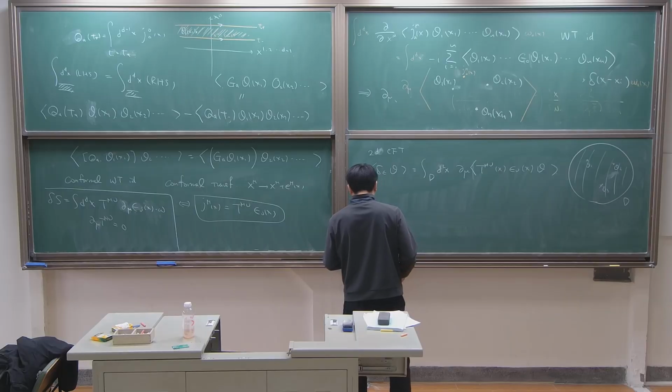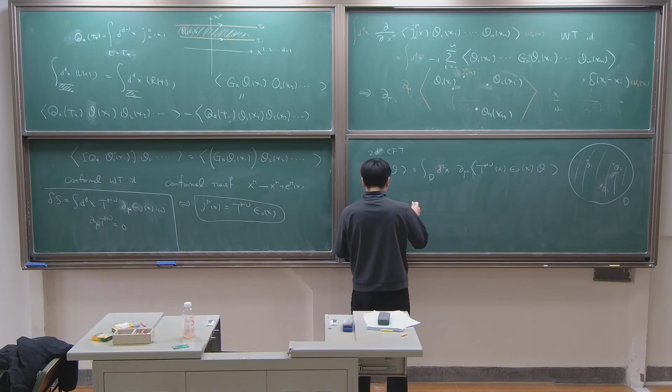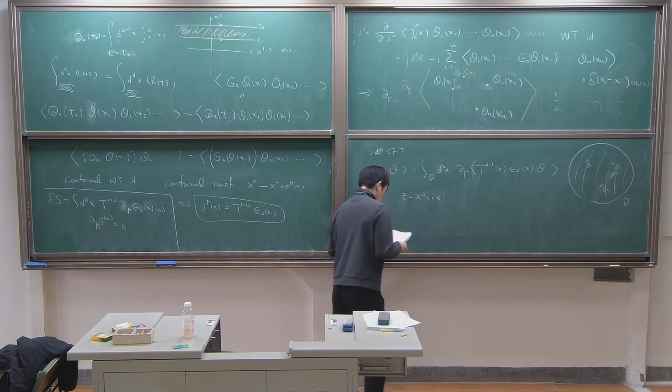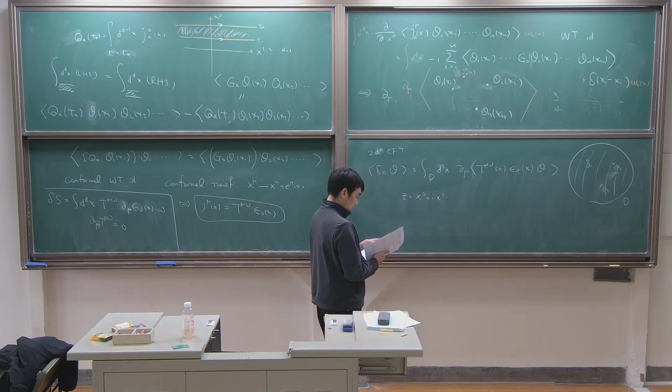And then make it holomorphic. So if you write down the coordinate transformation, z is equal to x0 plus i x1. I don't know, it's up to you the convention you consider.